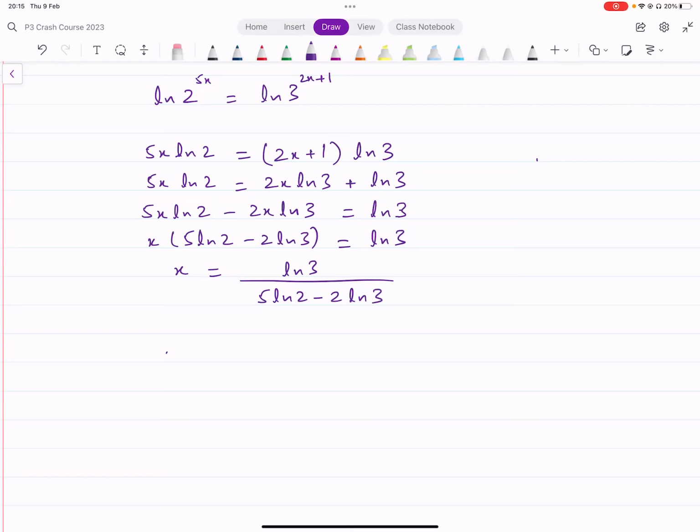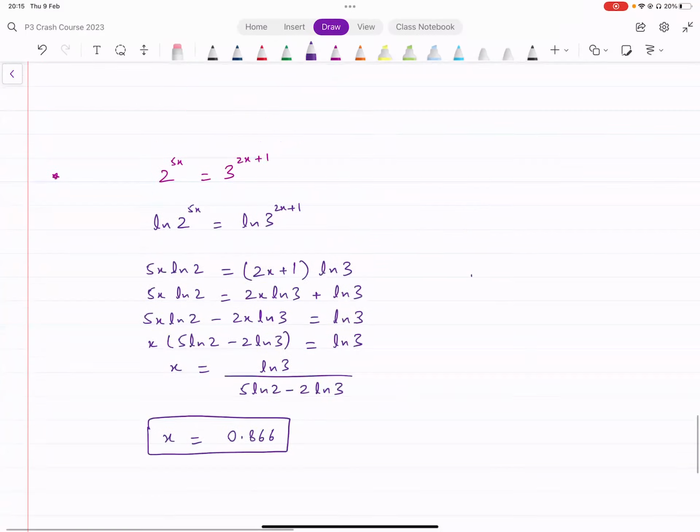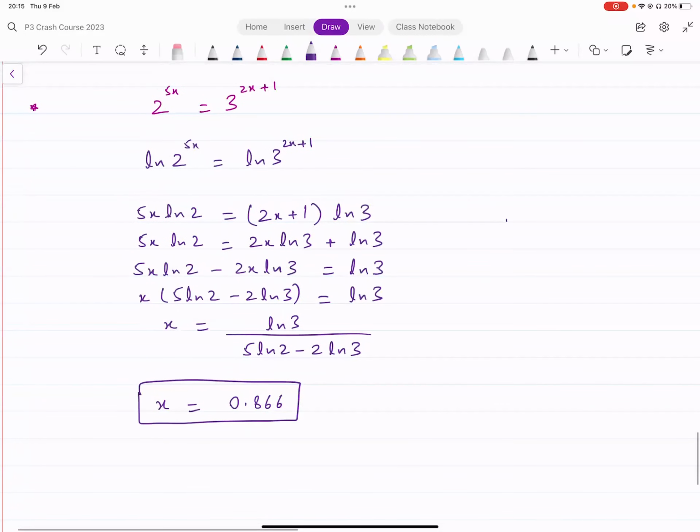You can put this whole thing on your calculator and see what that gives you. ln 3 divided by (5 ln 2 minus 2 ln 3) gives me 0.866. That is the value of x that we're getting from this, and that's going to be the solution to this equation.